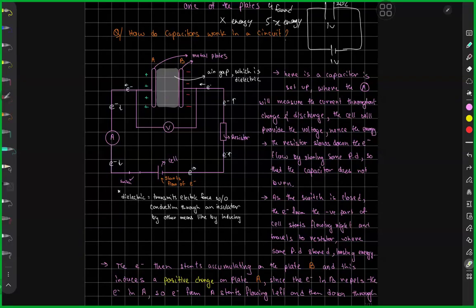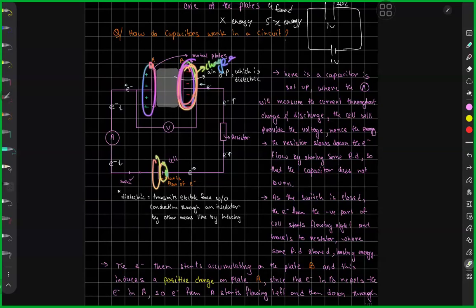So if I have to package whatever I said in a different way, it's simply this: when I have a supply of electricity, a cell or battery, the electrons keep accumulating over here until the charge build up over here equals the charge build up on this part of the cell.